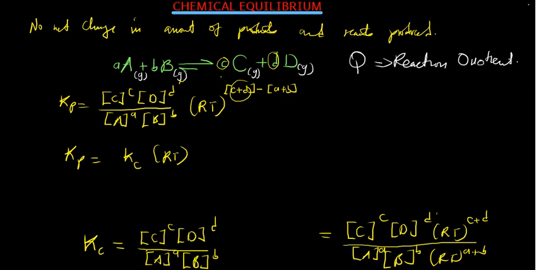These are the moles on the product. So moles of product, and then minus A plus B. We can see these are the moles on the reactants. So that would be moles of reactants.